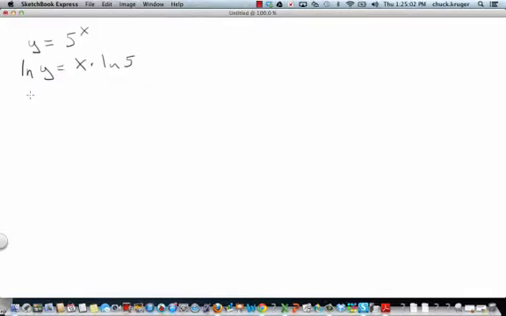And what I'm going to do then is take the derivative of both sides. I'm going to implicitly differentiate, and I'm going to have 1 over y times dy/dx. Over here, this is just a constant times x. If I took the derivative of 3x I would get 3. If I take the derivative of 2x I would get 2. Now I'm taking the derivative of the ln of 5 times x, and I simply get the ln of 5.